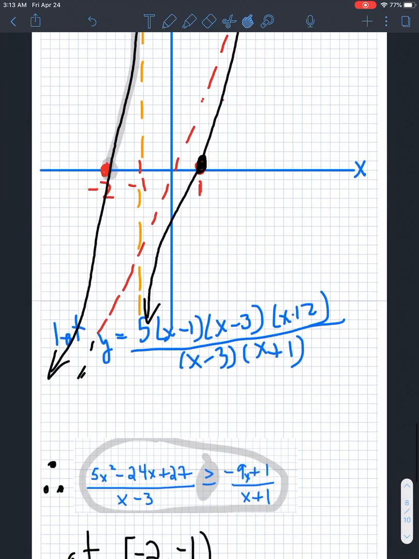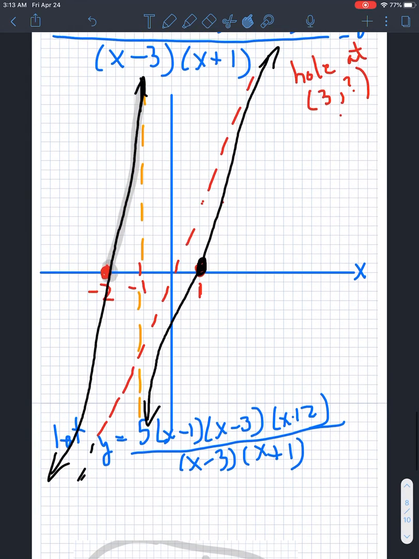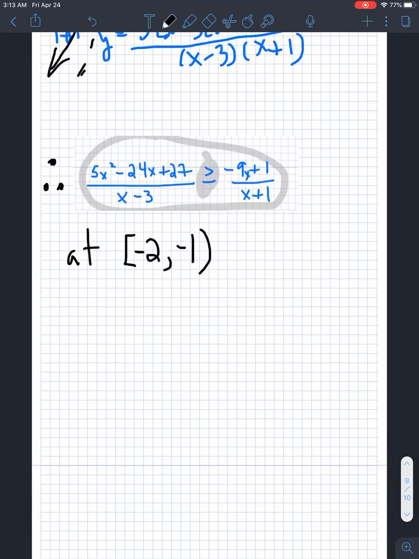That's an asymptote. And then it looks like it flips to the bottom, so that is not a solution. But at 1, it does hit 0, and from then on, it's going to be above the x-axis. So from 1 all the way to infinity is your next set of solutions. 1 all the way to infinity.